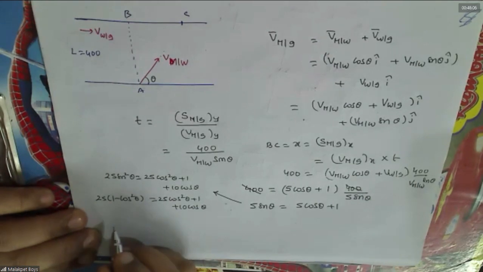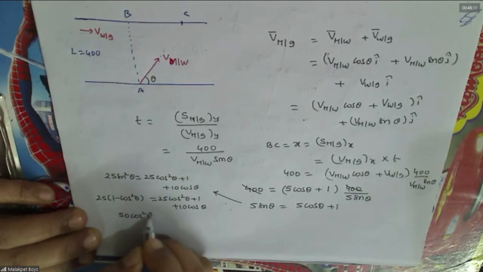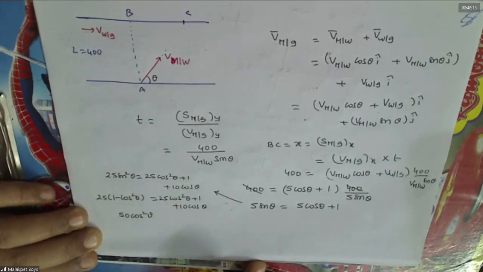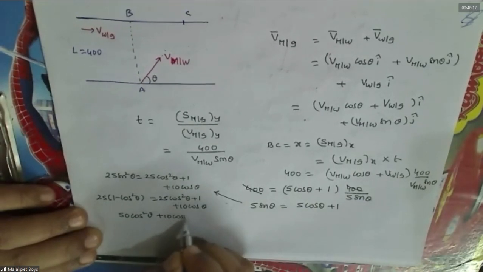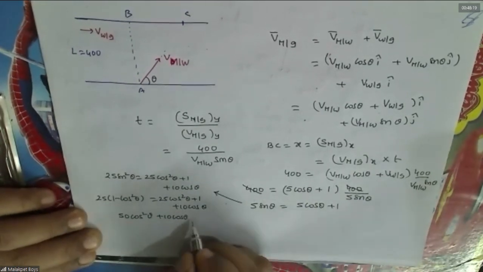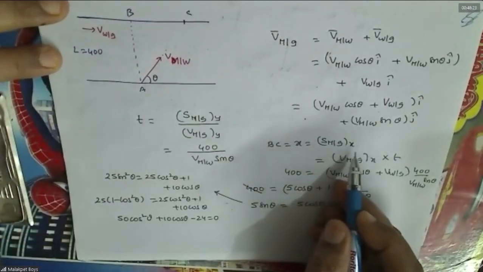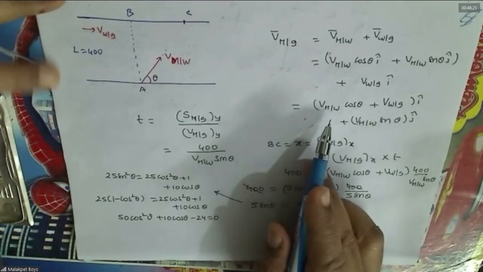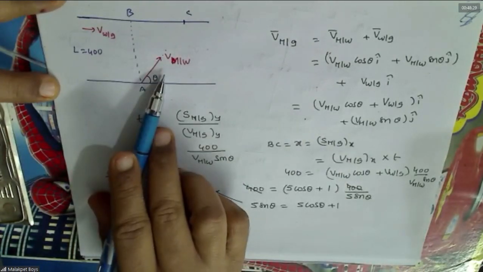Tell. Sir, the velocity of man with respect to ground should come now, sir. Pardon? I did not understand what you're saying. Sir, about that in the diagram. Diagram, sir. Hmm. This velocity of man with respect to ground is from nothing.